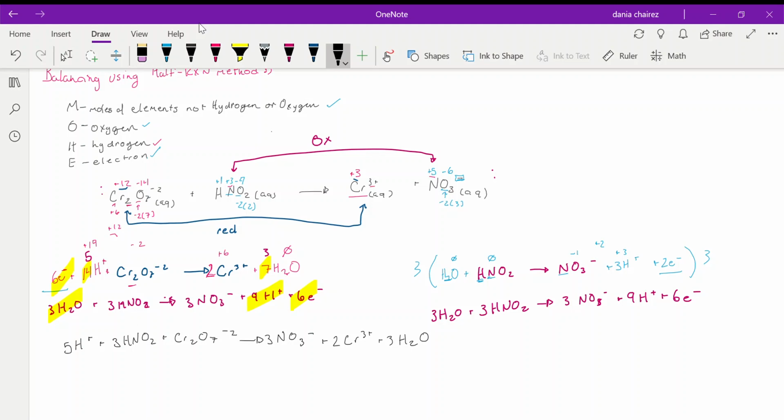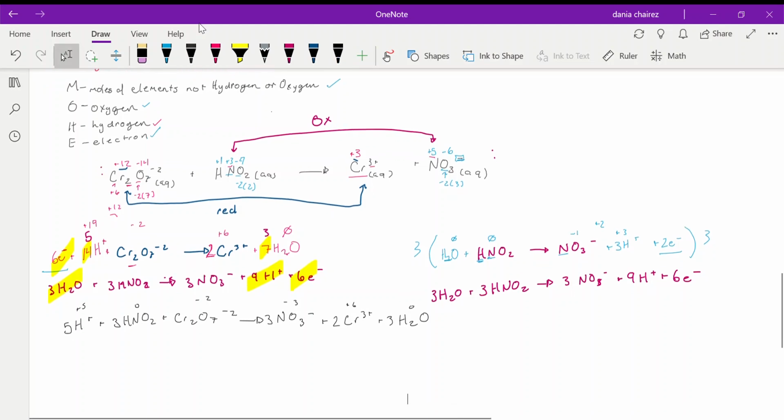So this is 0 plus 5 minus 2, so that we have a plus 3 overall, and then minus 3 plus 6, 0, negative 3 overall. So then we're done balancing.